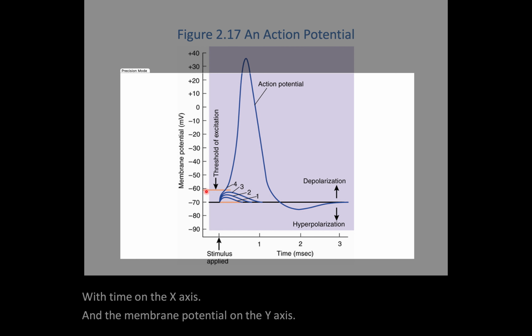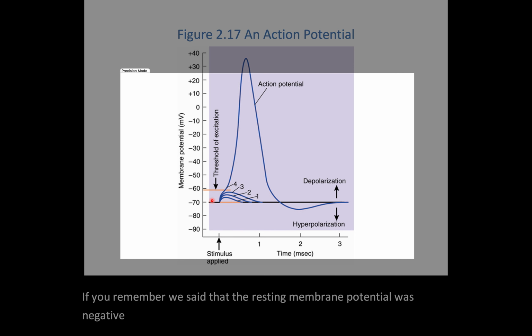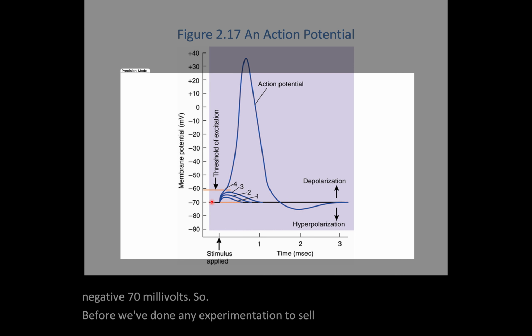If you remember, we said that the resting membrane potential was negative 70 millivolts. So before we've done any experimentation, the cell is hanging out at negative 70 millivolts. At this point, we're going to apply the stimulus as it says here.